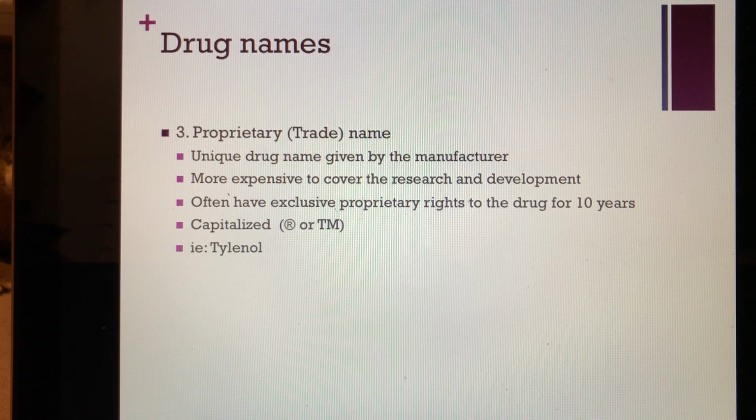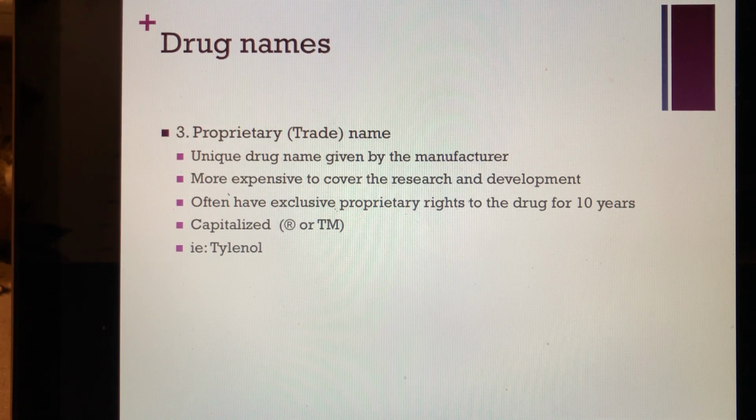One thing that's kind of interesting is that in Canada and the US, if a manufacturer creates a drug, they have exclusive proprietary rights that usually last for 10 years. I think they can even request to extend it longer. And they can also voluntarily give up those proprietary rights. So they don't have to keep that drug exclusive to them.